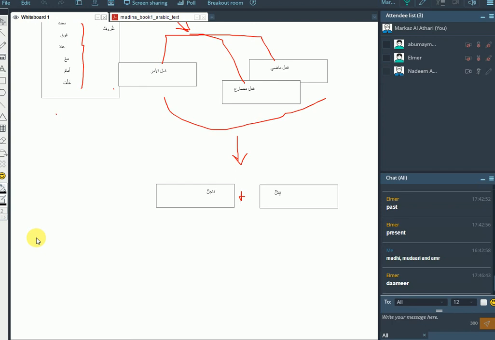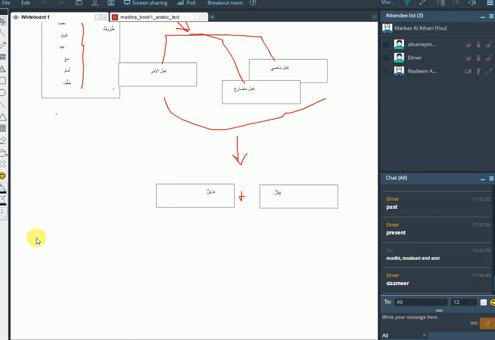Did you know, my brothers, that the fa'il is recognized as the fa'il because that doer of the action is represented by a dhamma at the end of that word?